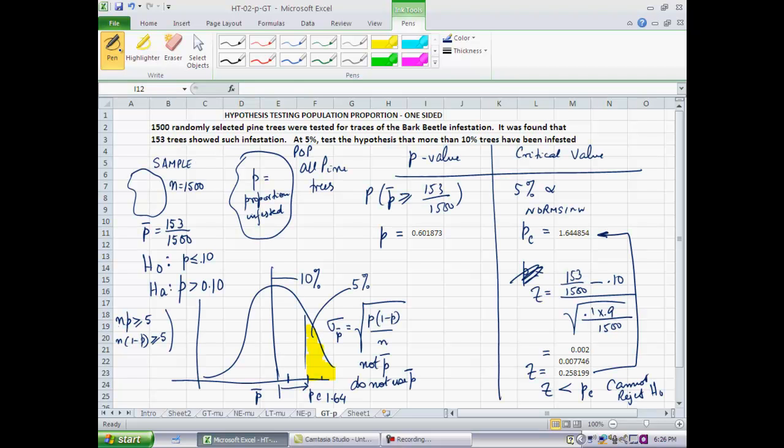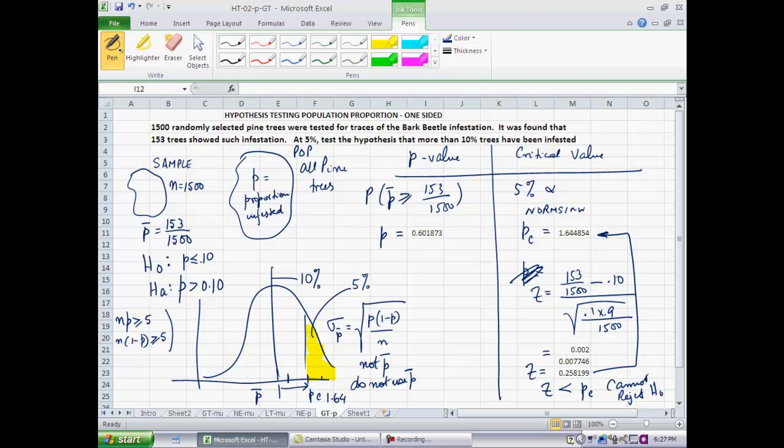What's the physical interpretation of this 60%? The physical interpretation of this 60% is if the null were true as an equality. In other words, if the true proportion of bark beetle infestation was equal to 10%, then there is a 60% chance that I would get a sample proportion of 153 divided by 1500 or higher.